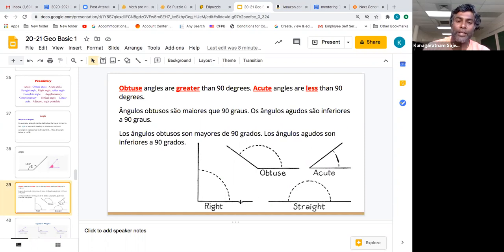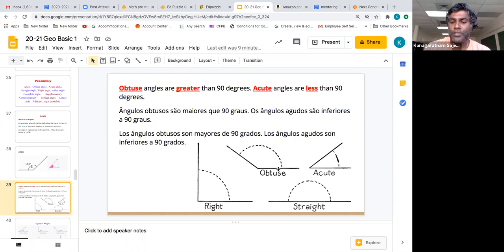What is a right angle? It's exactly 90 degrees. These two lines or segments are perpendicular to each other. If this is 90 degrees and you put it here, this line goes over here.